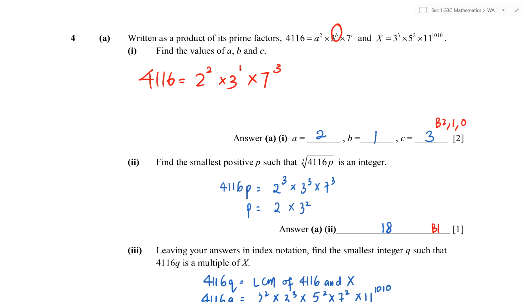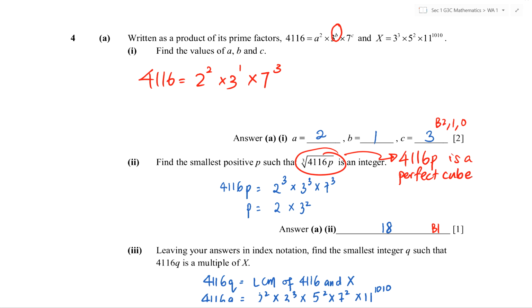To find the smallest positive p such that the cube root of 4116p is an integer, this tells me that 4116p is a perfect cube. Only if it is a perfect cube, then you can cube root it and get an integer.